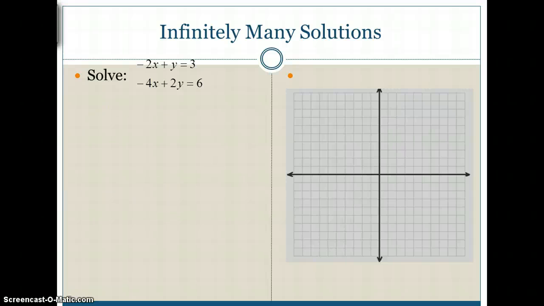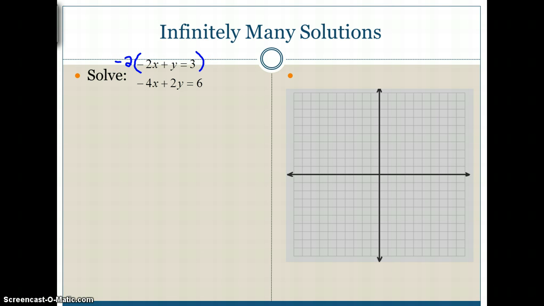Let's talk about if we were to do this by substitution, just to see it that way. Actually, let's do this one by elimination. Let's multiply the top equation by 2. That's not what I want to do. I want to multiply the top by negative 2.